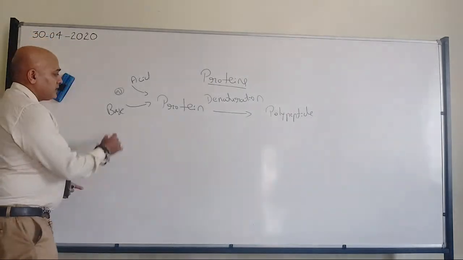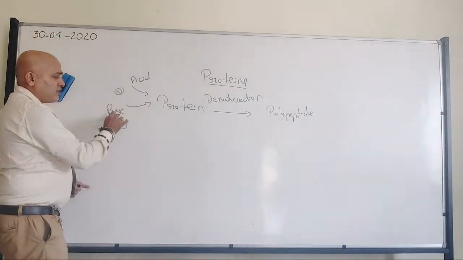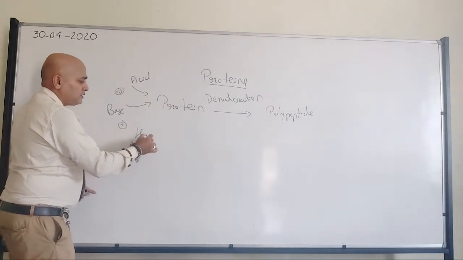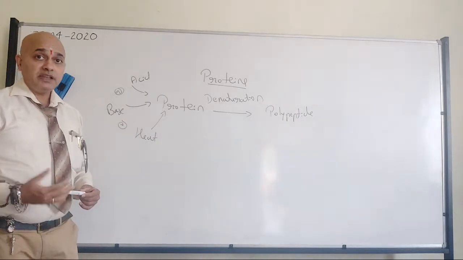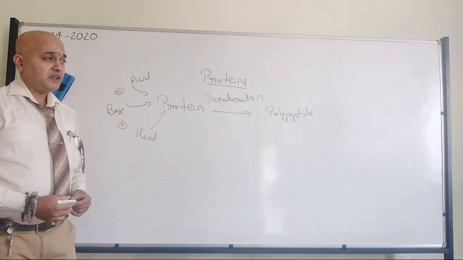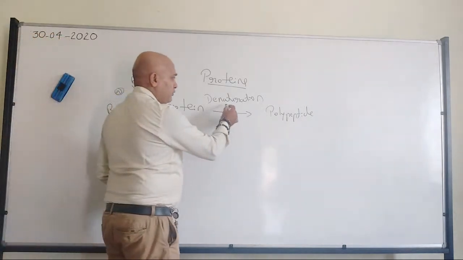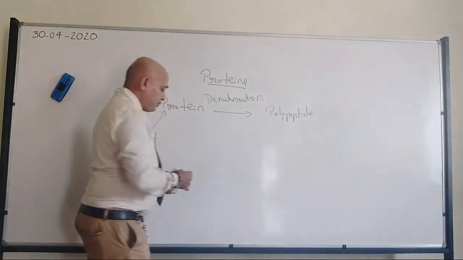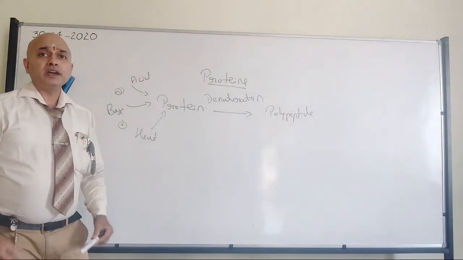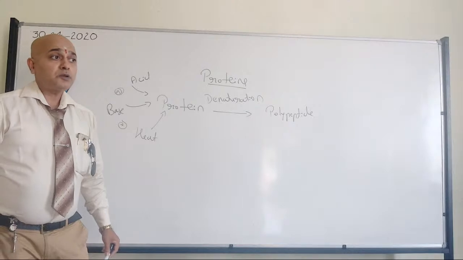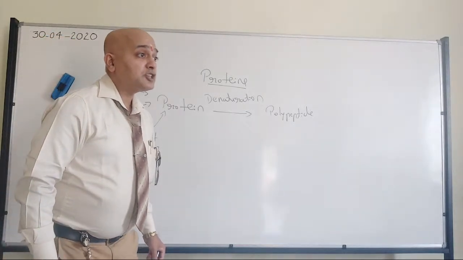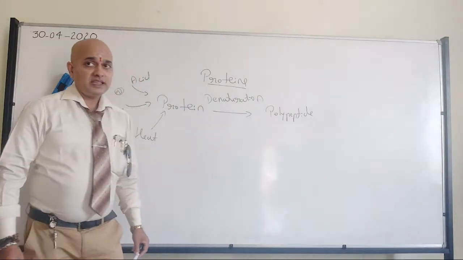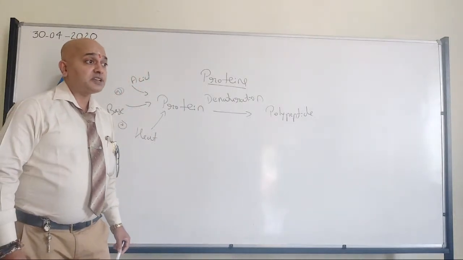Same way, either this one or this one, or what I will do is, I will heat the protein solution. Once again, it will undergo denaturation. Then I am going to get the polypeptide. Got my point? So that's why it is called as denaturation process.